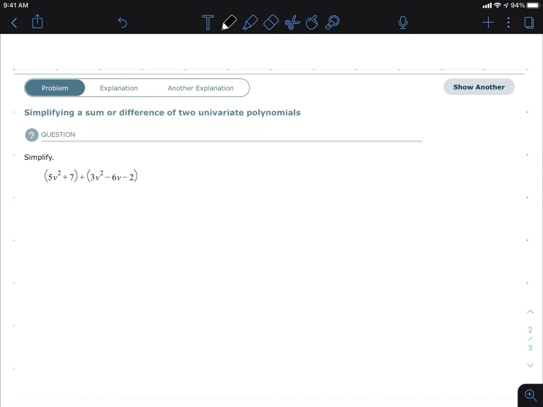Now in this case, it's talking about adding or subtracting polynomials. When adding or subtracting polynomials, in order to add like terms, everything is about like terms, right? Like terms means that we have the same variable to the same power.